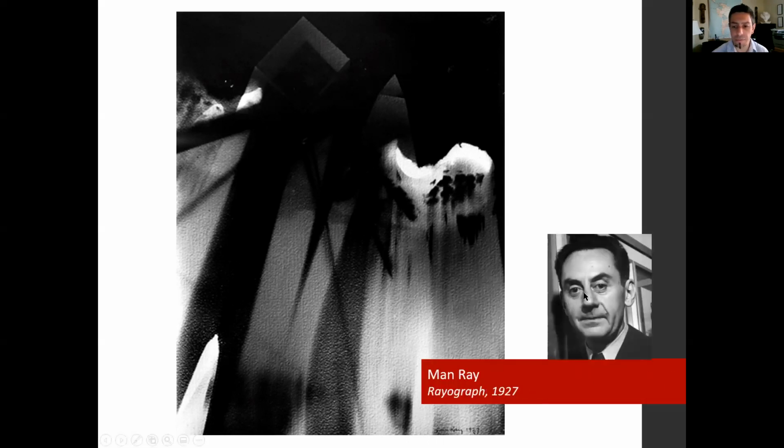And that's really interesting, that you're putting the objects, the subject, something that's very much representational, right on top of the paper. And then when you expose the paper to light, you have the complete opposite, which is a non-representational image with just basically values. So pretty cool, pretty interesting. But once again, it is not a photograph. That's a rayograph.